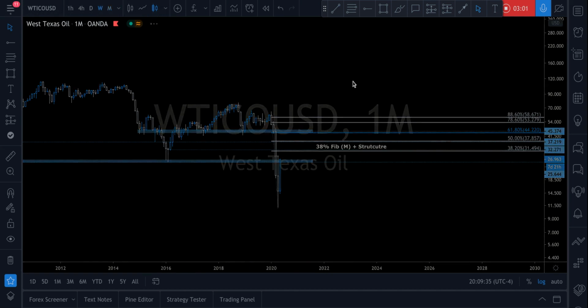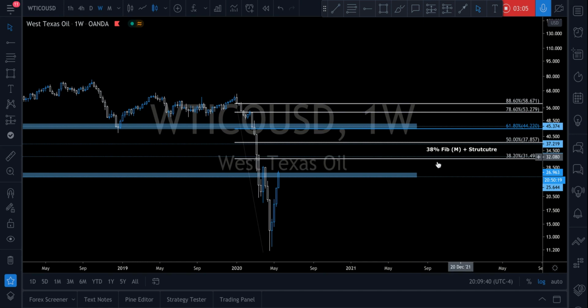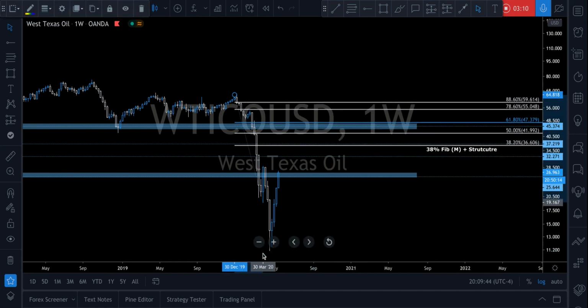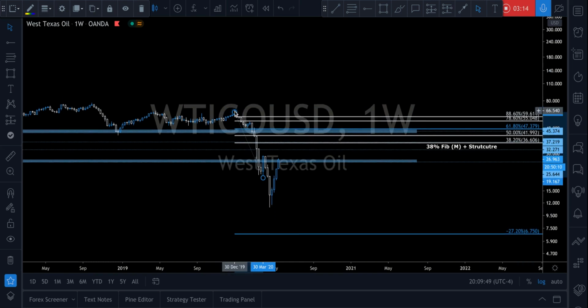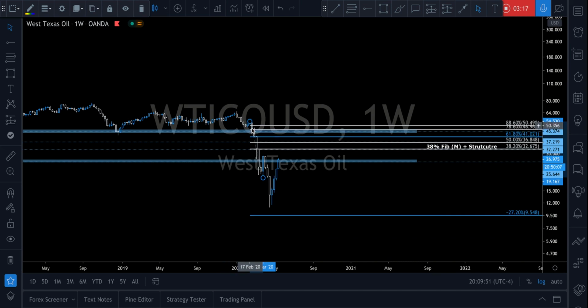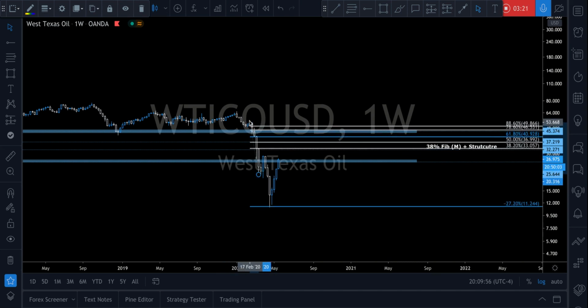Based on what I'm seeing right here, if we go down to the weekly, we can determine more or less what is going on here. So you can see, if we bring this back up, on this weekly leg, this was my initial setup, the 38 on this one, aligned with the monthly 38 as well, and the target was actually going to be the 27, which you can see actually kissed it just perfectly.